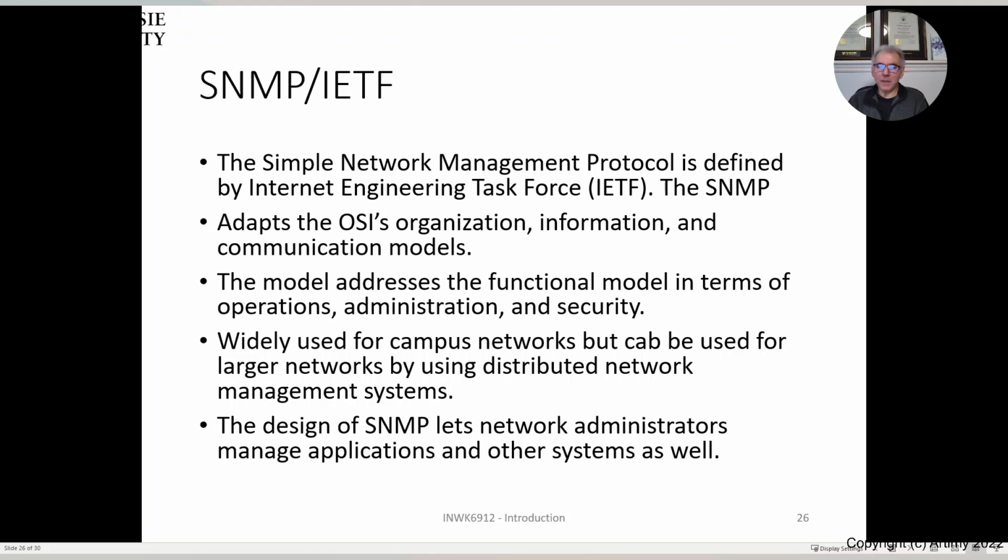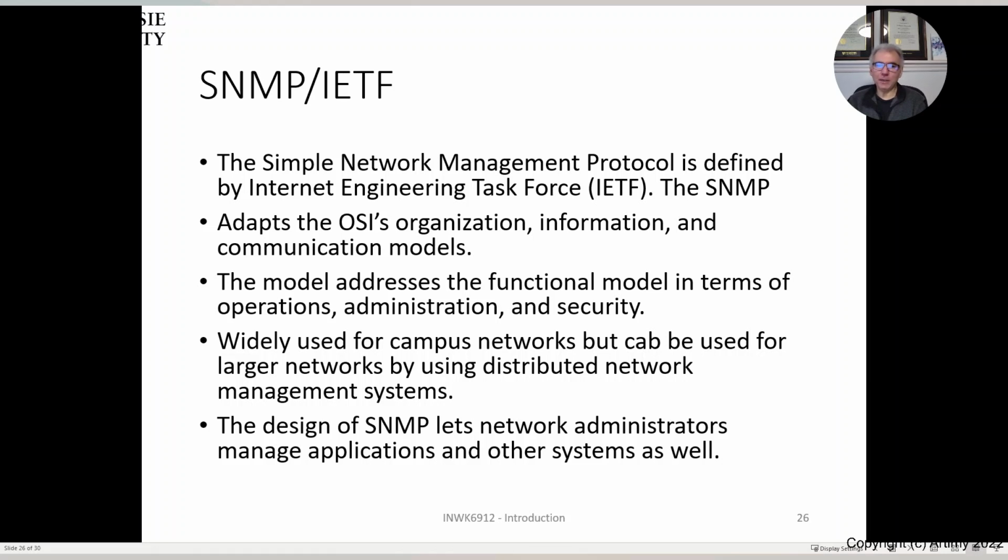But for many, many years, I think the last version of SNMP came in 1993, maybe we'll look at it later. But since then, it has been the dominant network management protocol. Lately, we will see that we have alternatives as well, but still the dominant network management protocol.